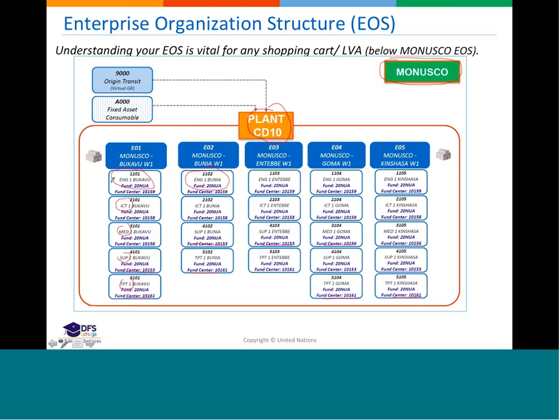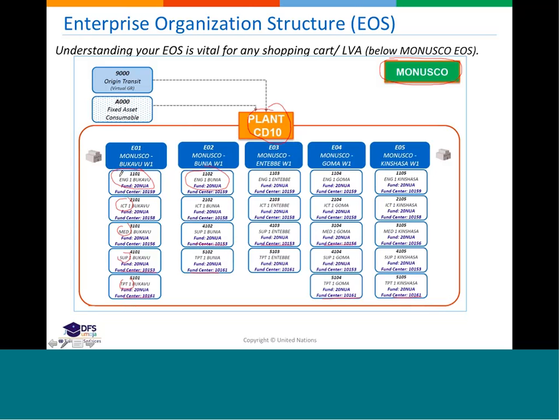So when you need to create a shopping cart, you need to help your requisitioner specify if you are purchasing for engineering in Bukavu, or engineering in Bunia, or engineering in Entebbe, Goma, or Kinshasa. Depending on the selection, the items that you purchase will be inventoried in one of these storage locations.